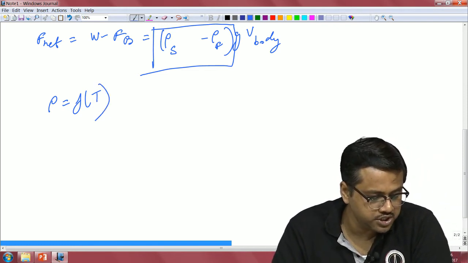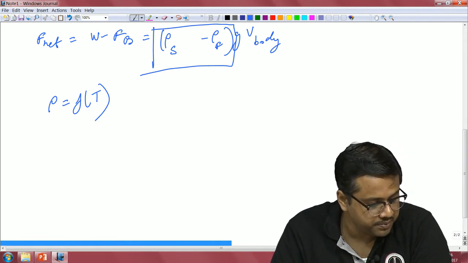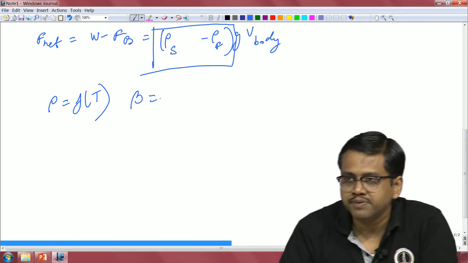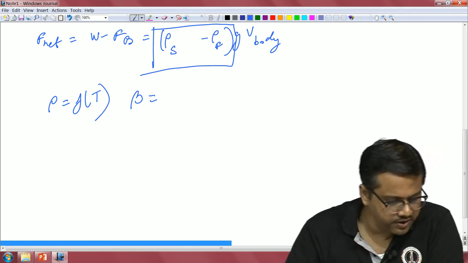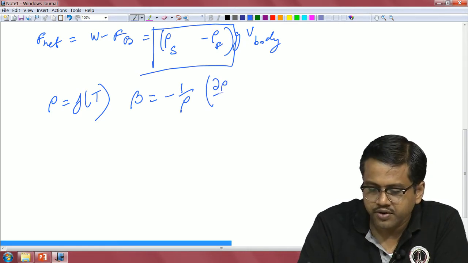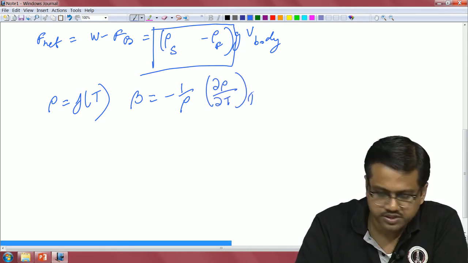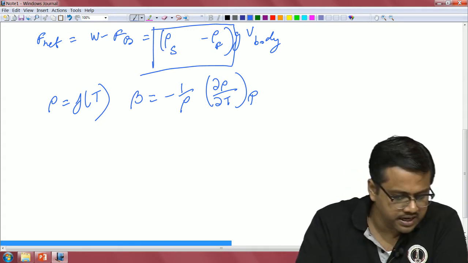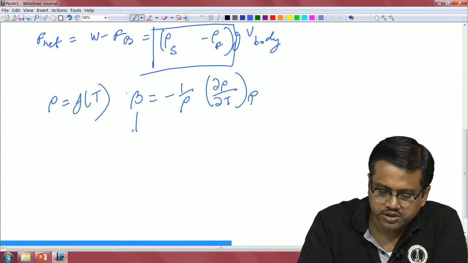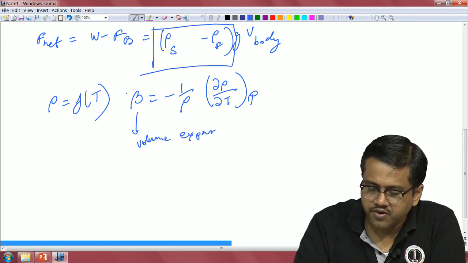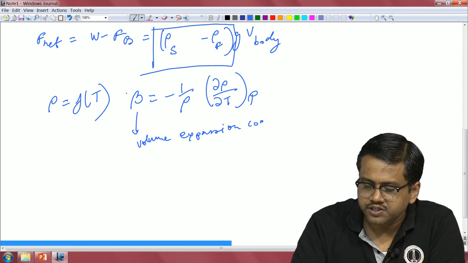The variation of the density of a fluid with temperature at constant pressure can be expressed by something called beta. Okay. So, beta is given as 1 over rho, d rho by dT at constant pressure. Beta is nothing but what is called the volume expansion coefficient.